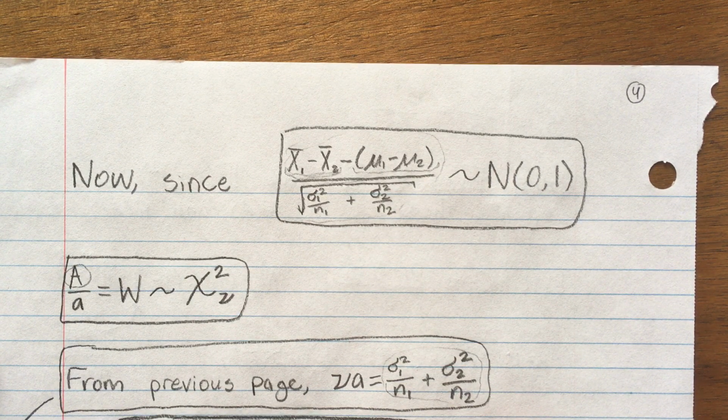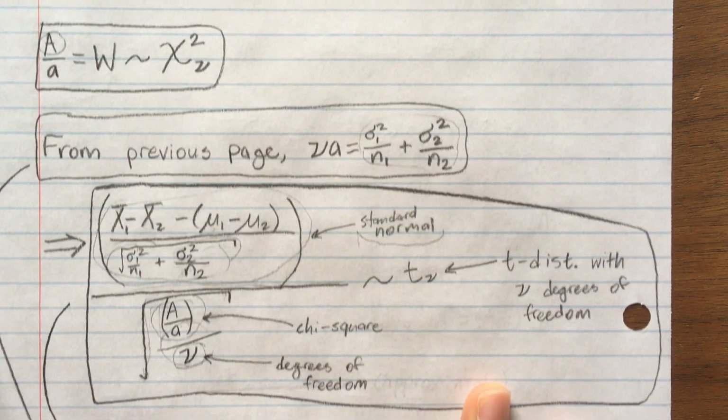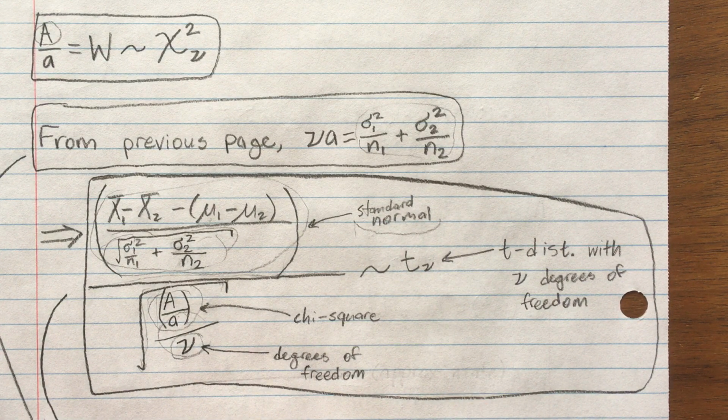Also recall that V, the degrees of freedom, times A, the scaling factor, is equal to the square of the standard error, sigma 1 squared over n1 plus sigma 2 squared over n2. Finally, we can use a theorem from our textbook that if you take a standard normal random variable and divide it by the square root of a chi-squared random variable divided by its degrees of freedom, you get a t distribution with V degrees of freedom.